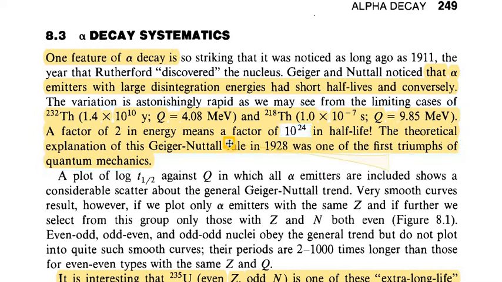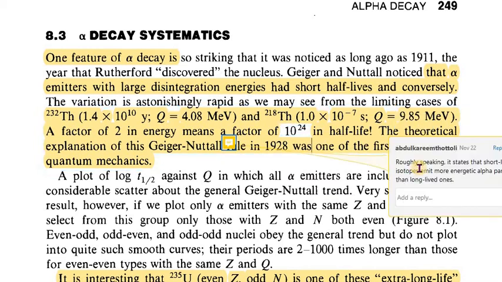Roughly speaking, the Geiger-Nuttall rule states that short-lived isotopes emit more energetic alpha particles than long-lived ones. Let us look once more: it states that short-lived isotopes emit more energetic alpha particles than long-lived ones.